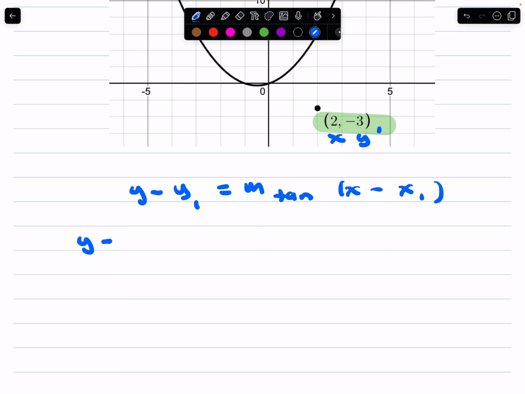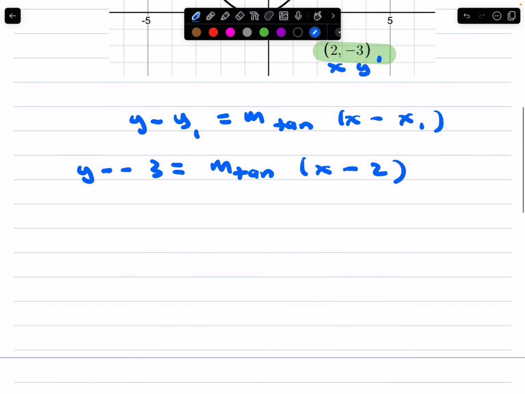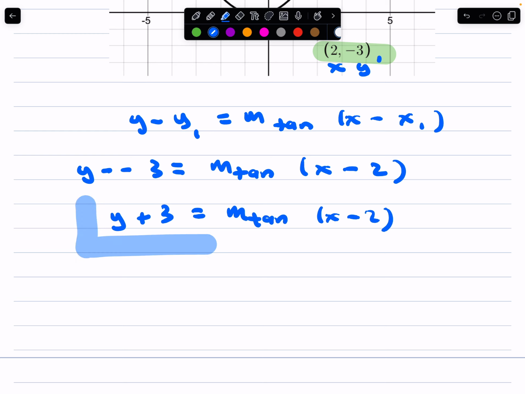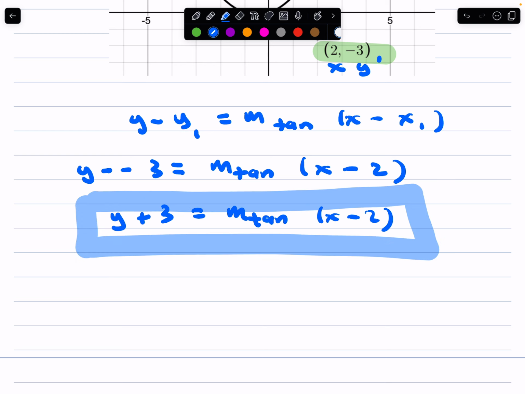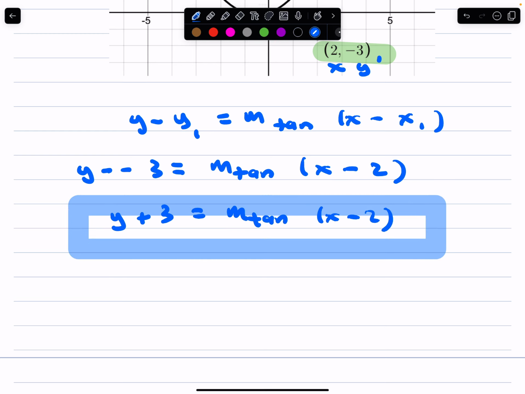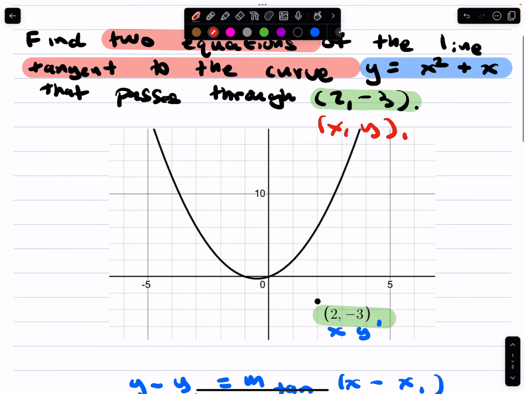So now we have y minus negative 3 is m tangent times x minus 2. So you get y plus 3 is m tangent times x minus 2. And this is the general approach that we've been using to find that tangent line. Now there's going to be two of them. So far so good. Nothing's really new.